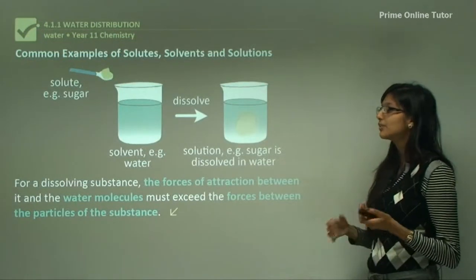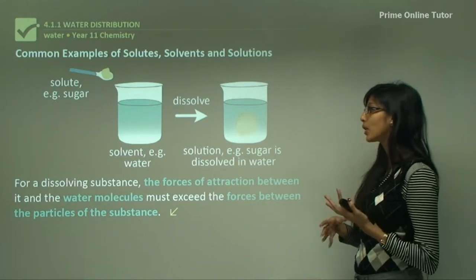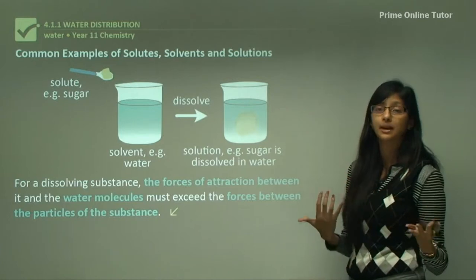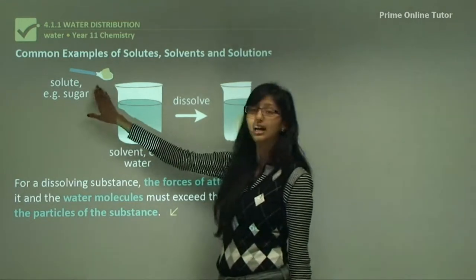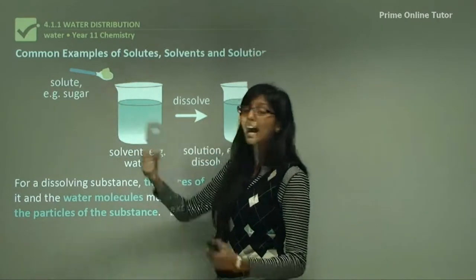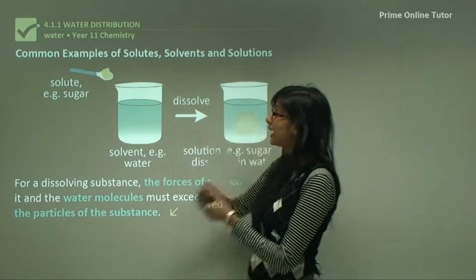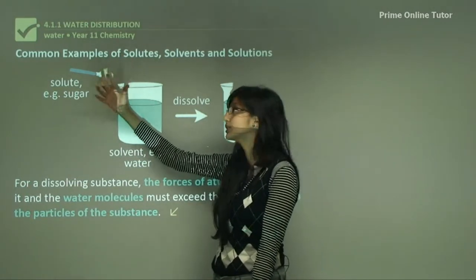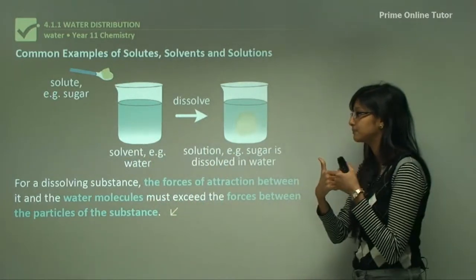For a substance to dissolve, the forces of attraction between it and the water molecules must exceed the forces between the particles of the substance. What does that mean? When you have sugar by itself, there are forces holding the sugar molecules together. That's why you can see the white solid crystals in sugar, because the forces are holding them together.